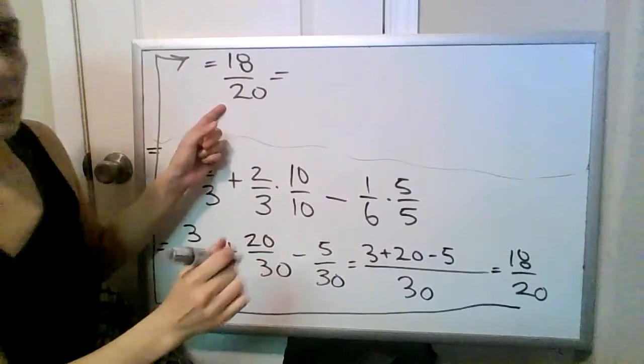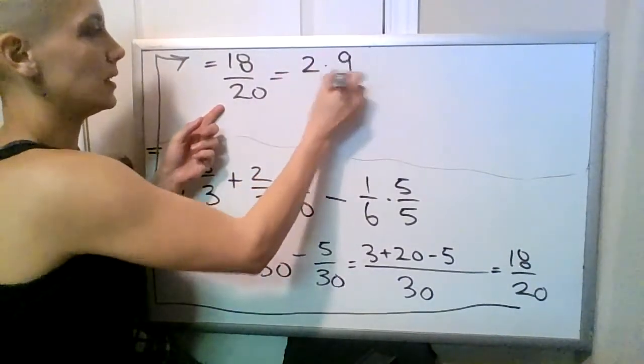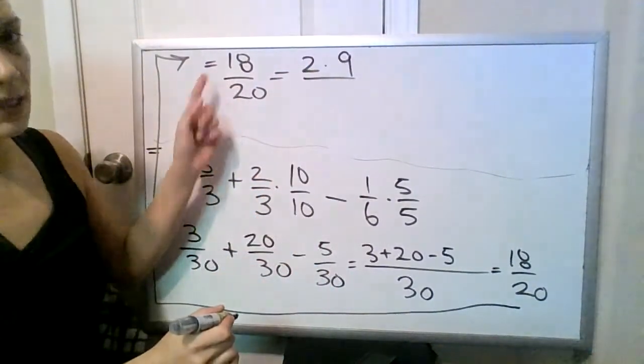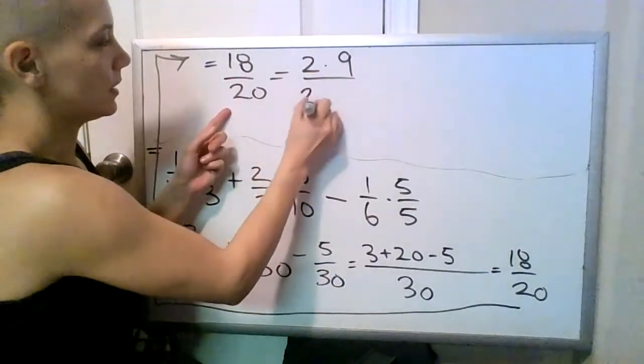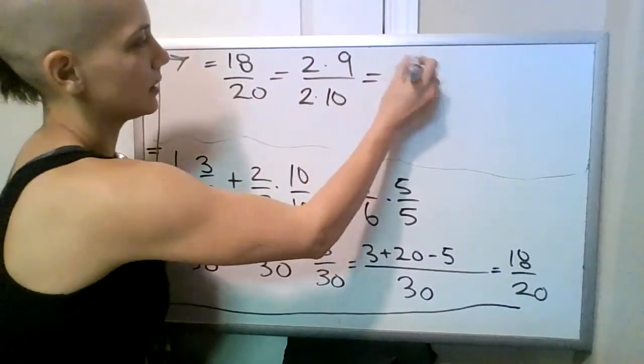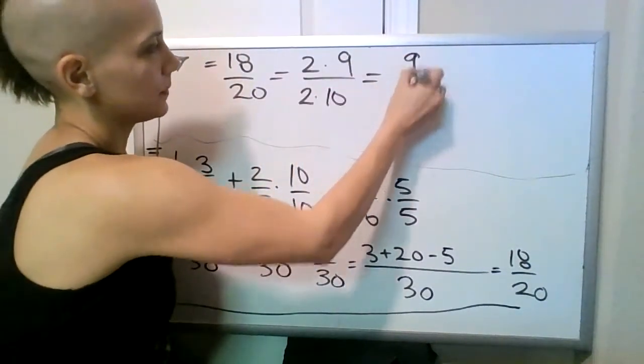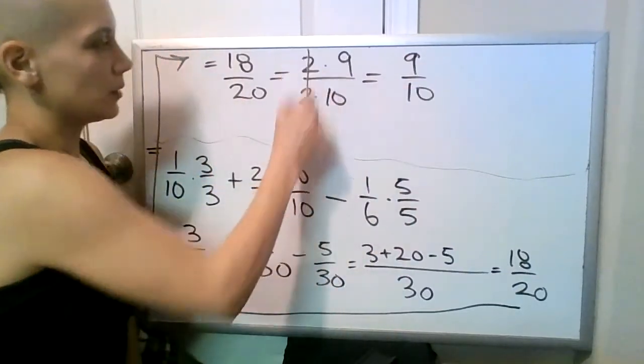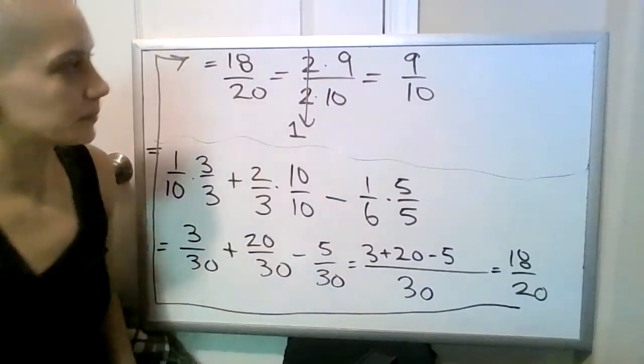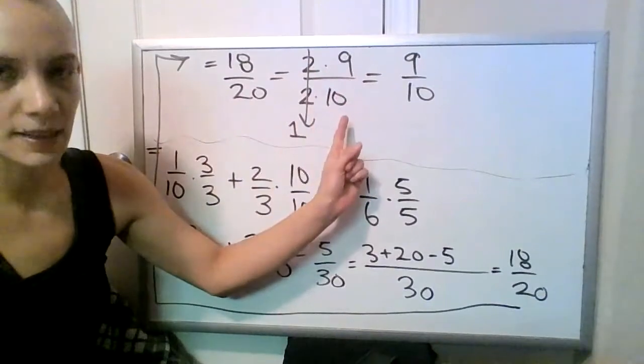They're both even, so I know that 2 times 9 can be 18. 2 times 10 is 20. 2 over 2 is going to be 1, so we have 9/10.